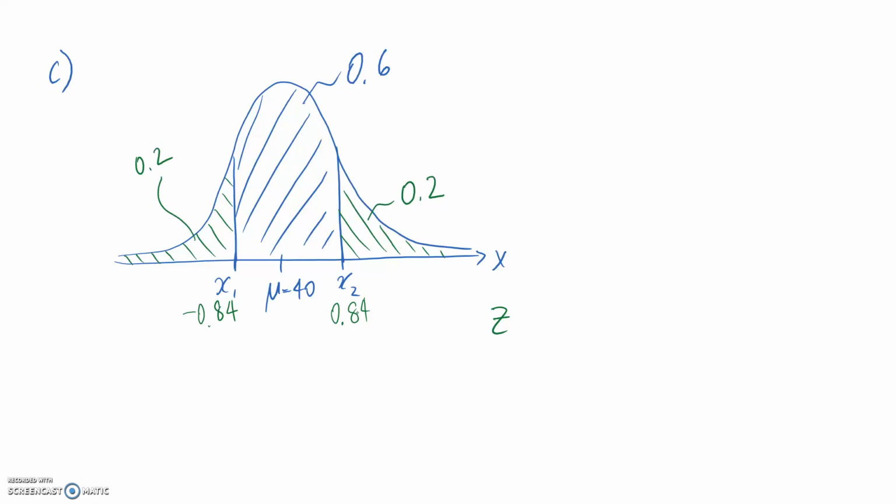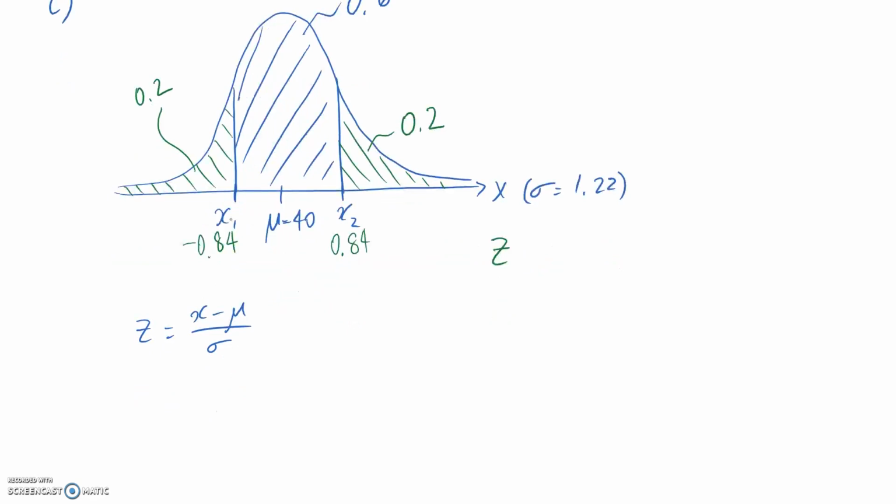Alright, so now that we have our z values, we should be able to go back and figure out what that corresponds to in terms of x using our standard deviation and mean. Remember from that earlier question, standard deviation was about 1.22. So let's work with this one first. If we want to work out the x value, we're going to need to rearrange the equation.